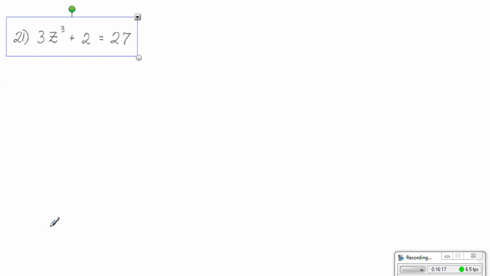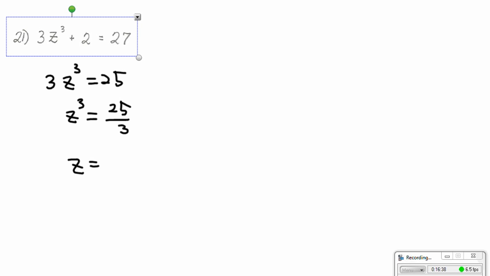Alright? Here we're going to divide each side by 2, subtracting 2, so we get 3z to the third power is equal to 25, and then z to the third power will be equal to 25 over 3. So therefore z must be the cube root of 25 over 3.